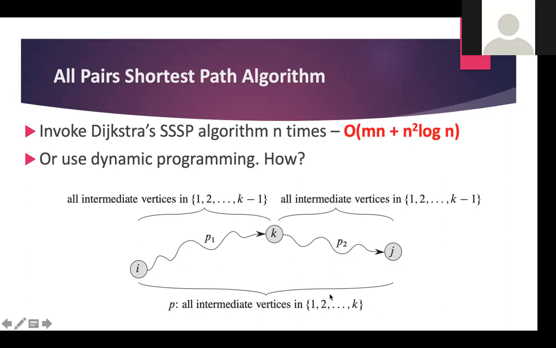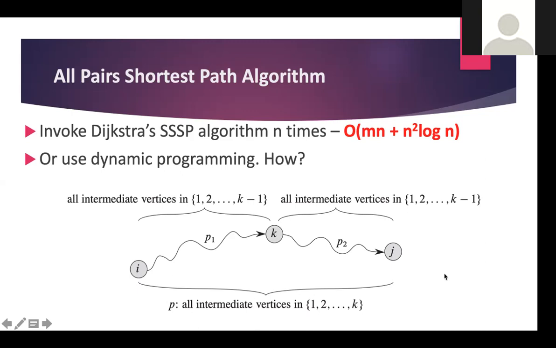The limited set in this case is going to be the vertices 1, 2, 3, all the way up to k. By changing the value of k, we can limit the scope of the problem that we're going to be working with. So that's the general idea here. And so what you'll see is that we only allow intermediate vertices from this set.